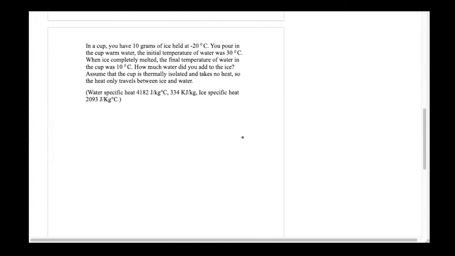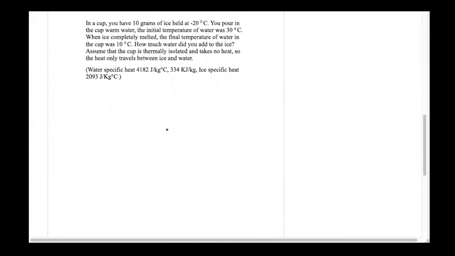So let's solve a question of latent heat using this. So the question is, in a cup, you have 10 grams of ice. You better convert this to a standard unit, which is kilogram. So this is the ice.